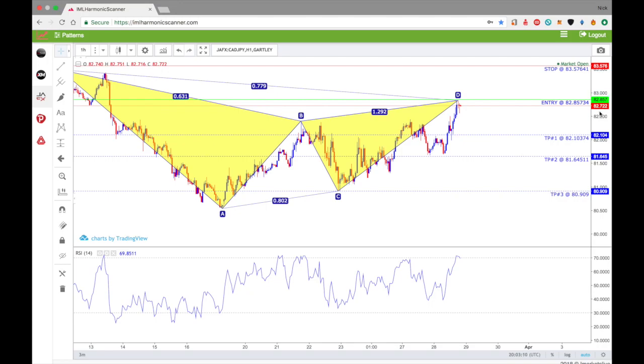So please do me a favor, copy and paste the stop loss, 83.57, copy and paste your take profit number 1, which is 82.10, and just understand that from our entry point at 82.71 right now all the way down to the take profit, you are catching 61 pips, right? 61 pips.